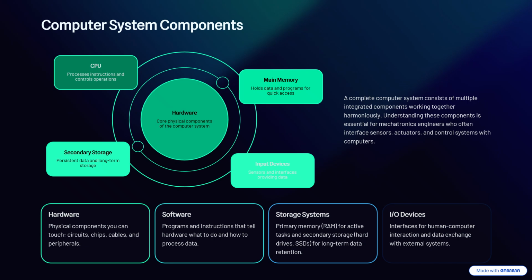After that, we talk about the I/O devices. So what are the I/O devices? These are tools like sensors and screens that let humans and machines talk to each other. So these are the basic computer system components we have discussed.